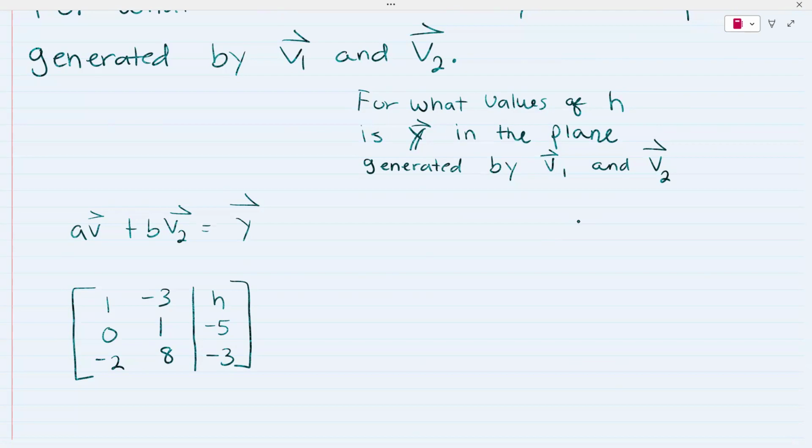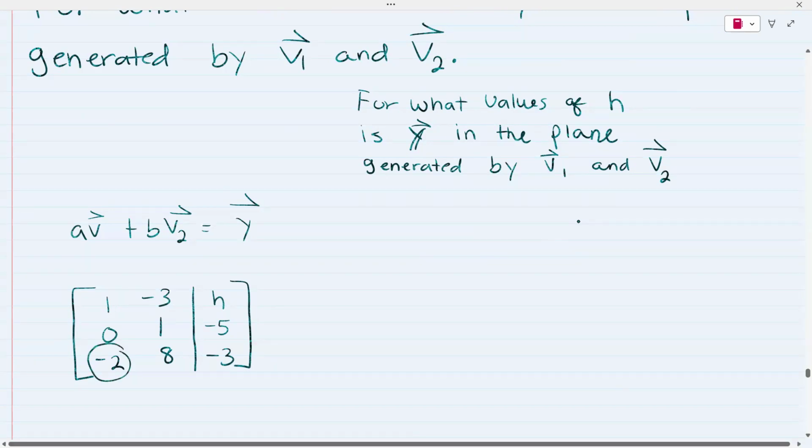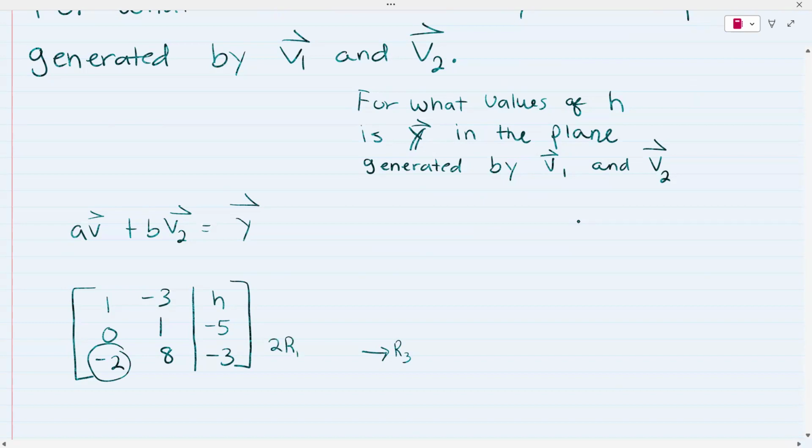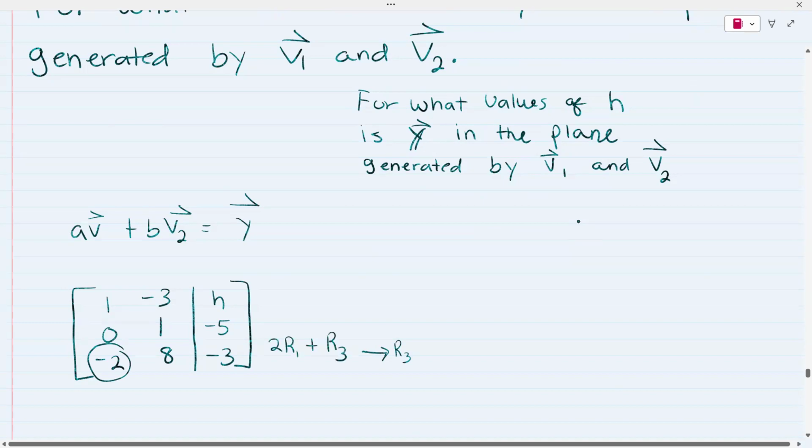What I would do first as a row operation is make this -2 into a 0. How would I do that? -2 is in row 3, so we're only messing with row 3. To make this -2 into 0, you multiply 2 times row 1 plus row 3. That gives us the new row 3.